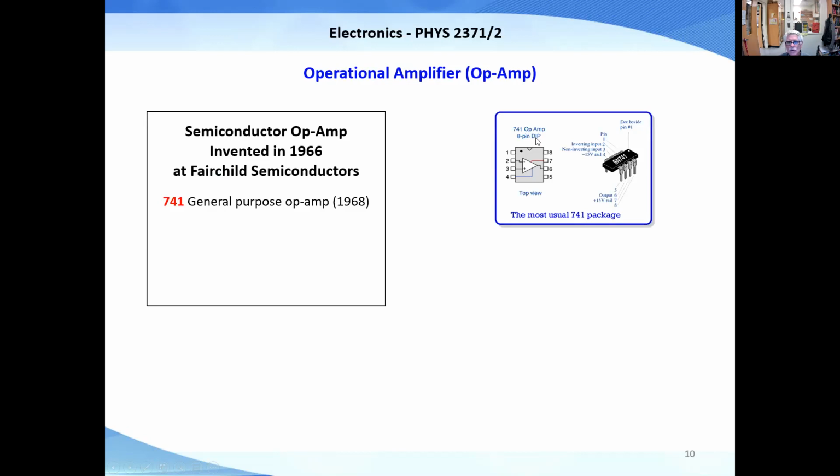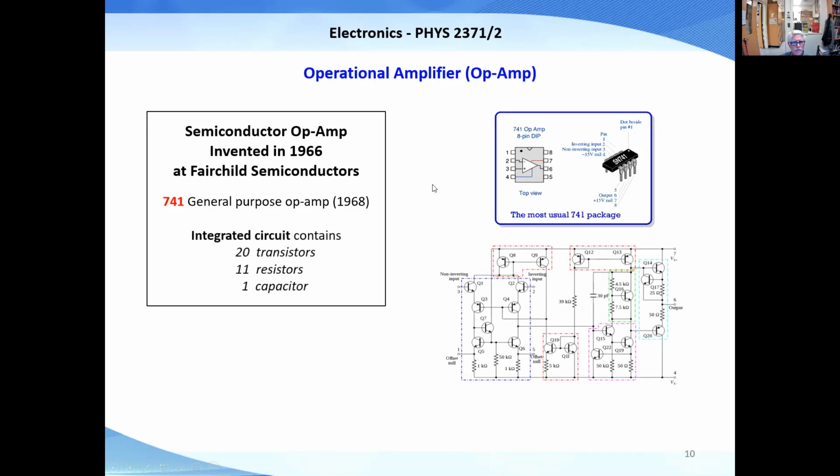DIP means dual inline pin, so there are pins on both sides, in a line, so that you can plug them right into a circuit board, a proto board like we have. Okay, and you're going to be using this one this week.